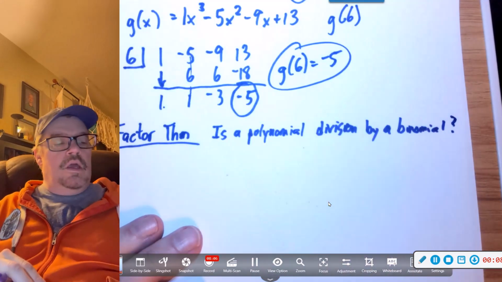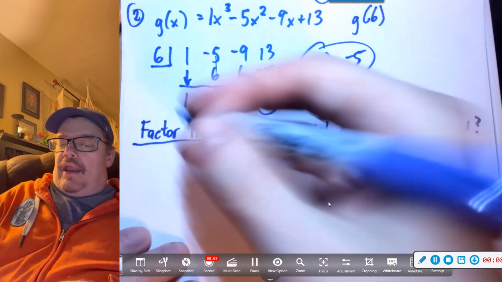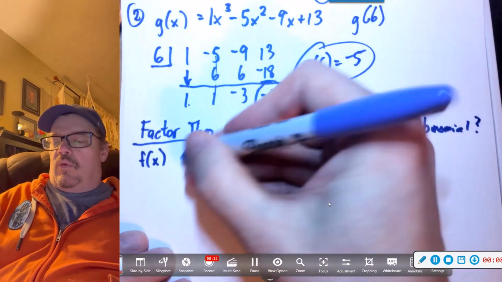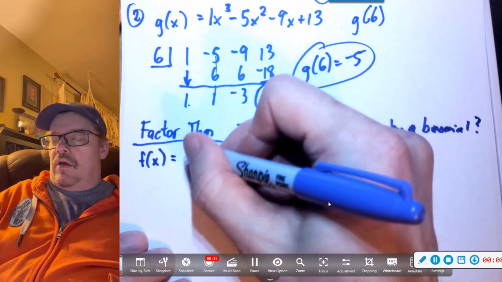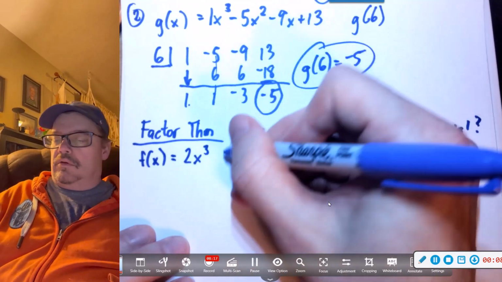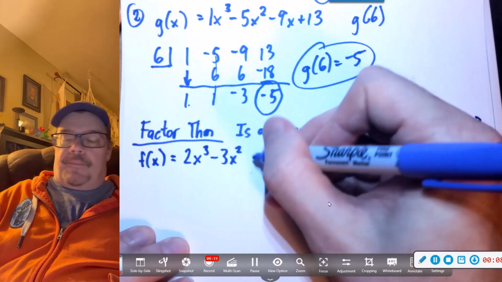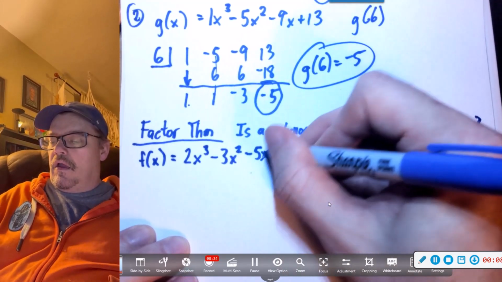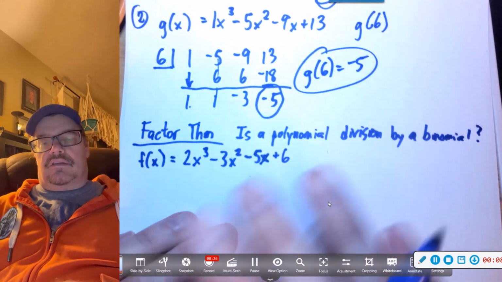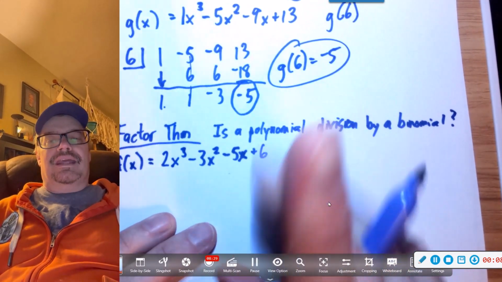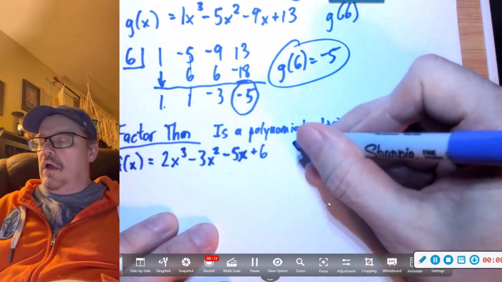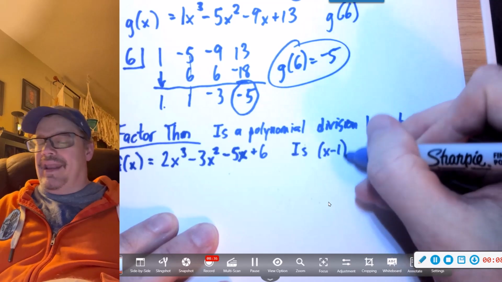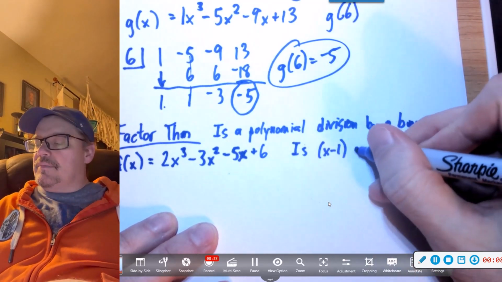So let's say our first function here, I'll just show you how it works, and we're not going to prove it in any way. You've got this polynomial, and then we want to ask, is x minus 1 a factor?